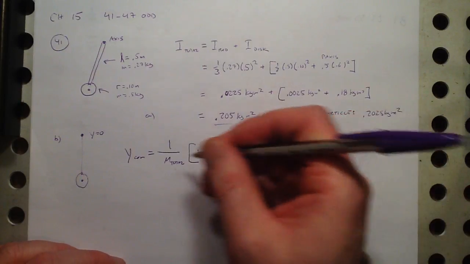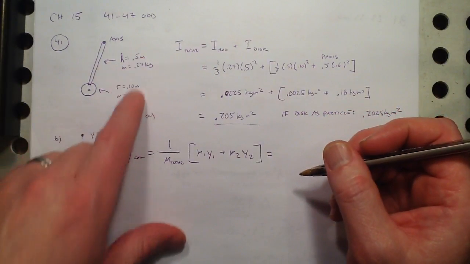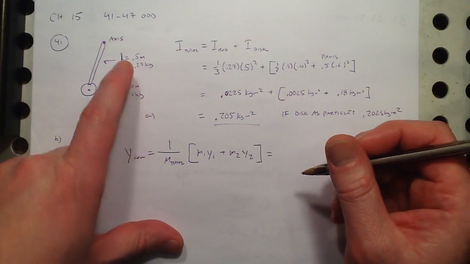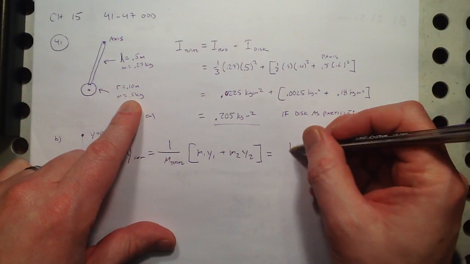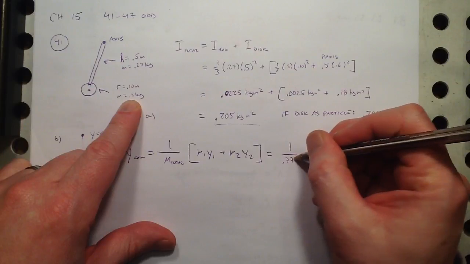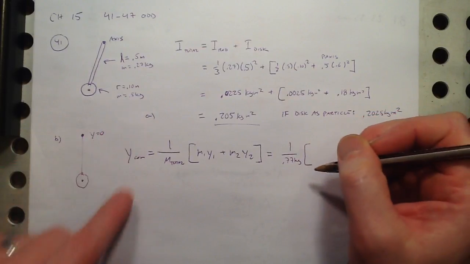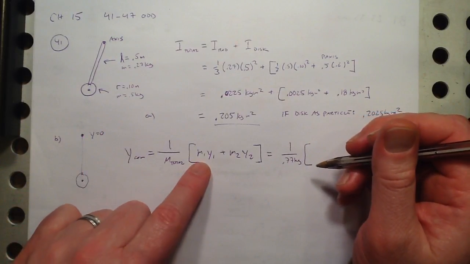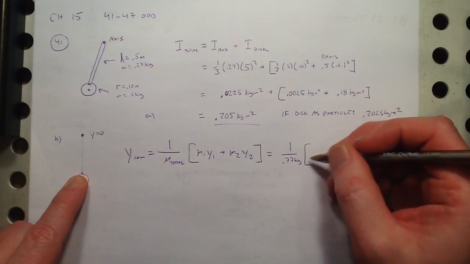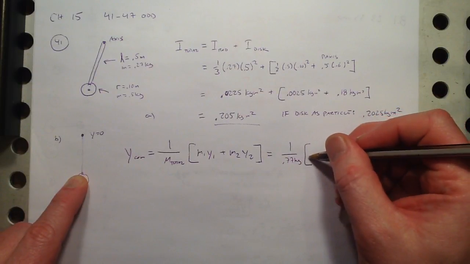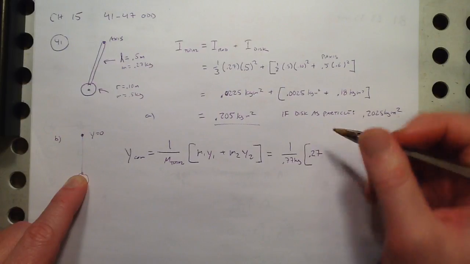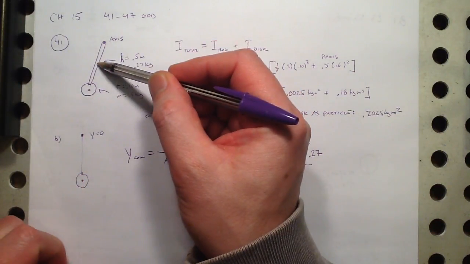So the total mass is 0.77 kilograms. And then for y1, I'll take that to be the rod. The mass of the rod is 0.27. And the center of mass of the rod is right in the center of the rod.